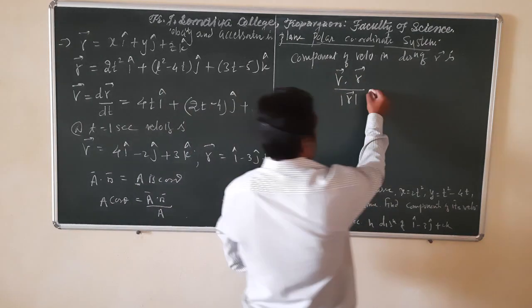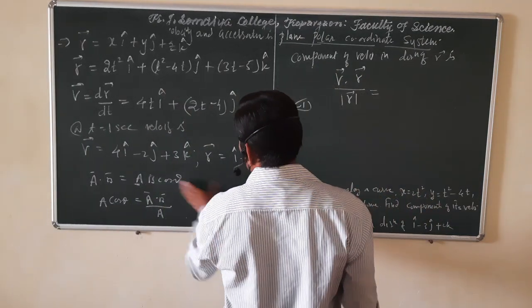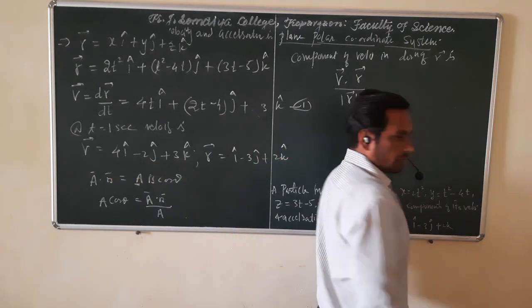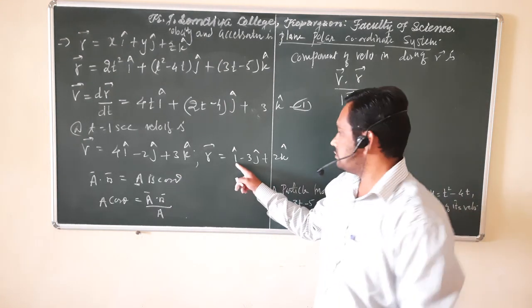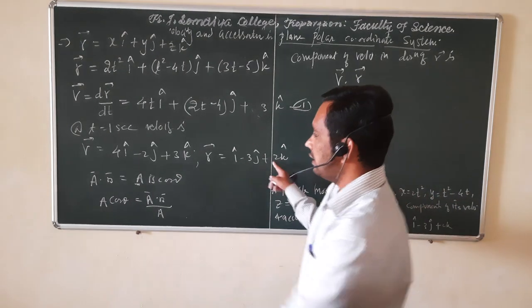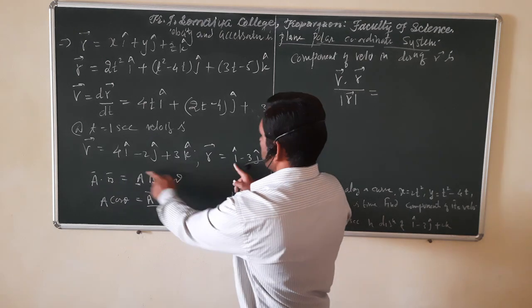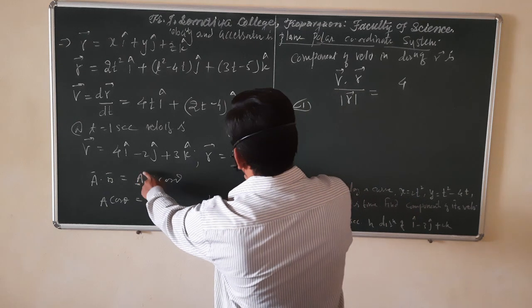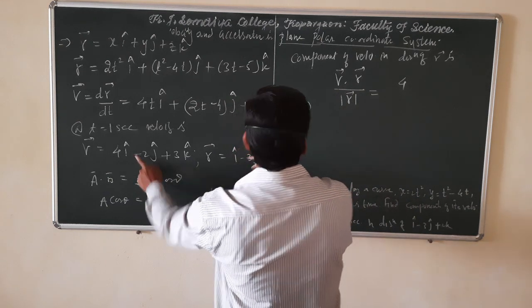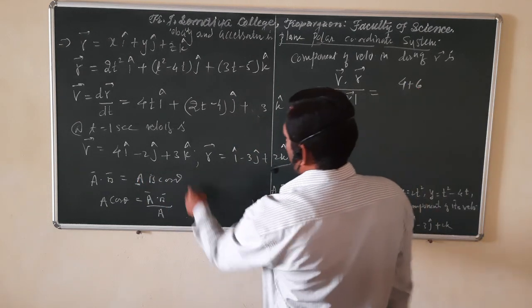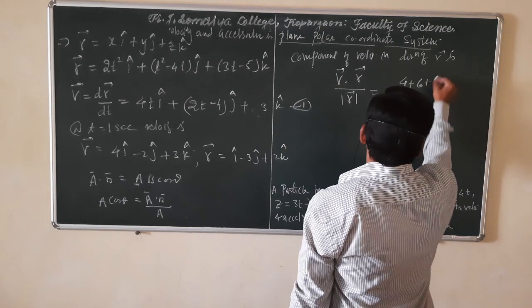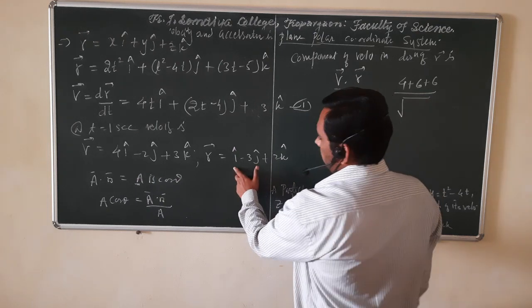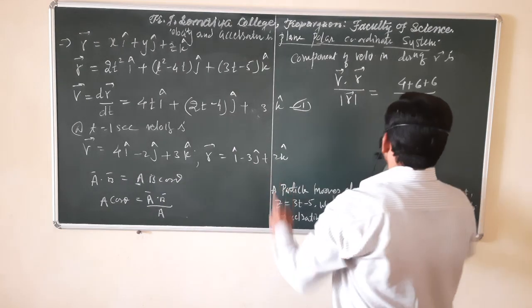Now see, this is equal to: vector v is 4i minus 2j plus 3k, and vector r is i minus 3j plus 2k. We have to take the dot product of these two vectors. So that will become 4 into 1, which is 4, then minus 3 into minus 2, which is plus 6, and 3 into 2, which is 6, divided by the magnitude of this vector, which is square root of 1 plus 9 plus 4.